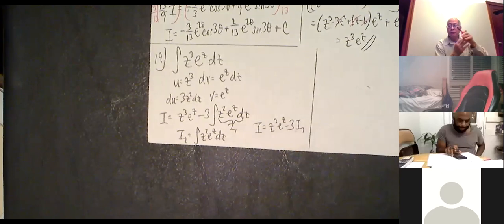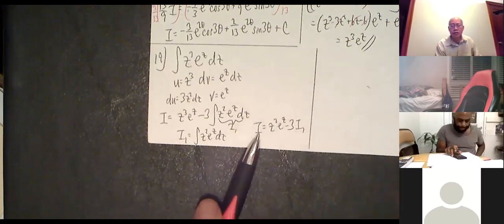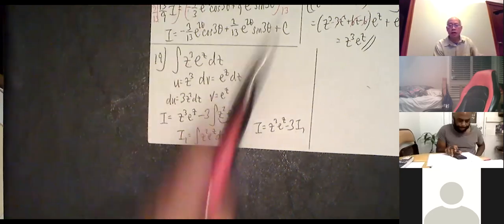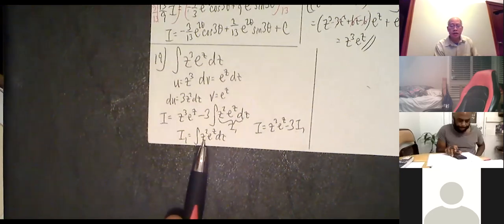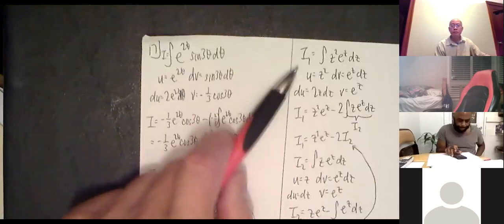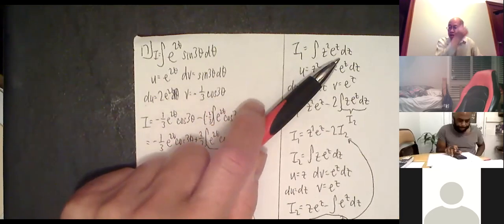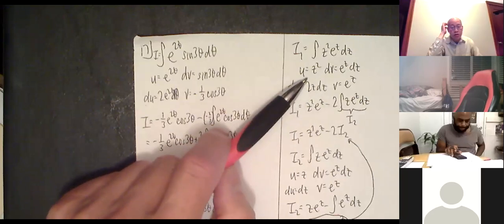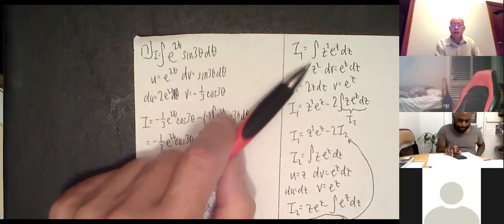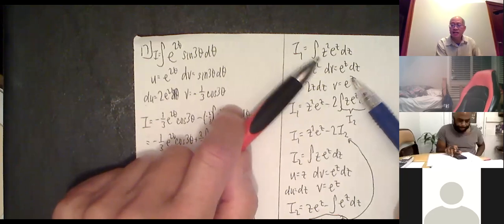Okay, so I've got that. I take a timeout from the main program, so to speak, and I do this sub-program. Okay, I'll call another routine, as it were. So now I'm going to stop and figure out this z squared e to the z integral. So I1, integral of z squared e to the z dz, do the same thing. So let u be the polynomial, u is z squared, dv is e to the z dz.